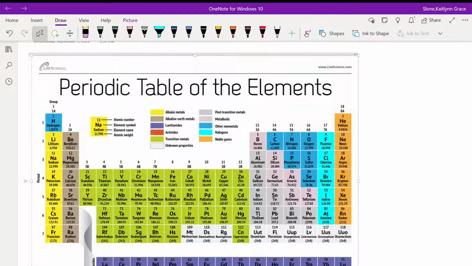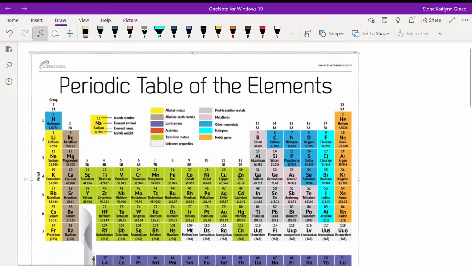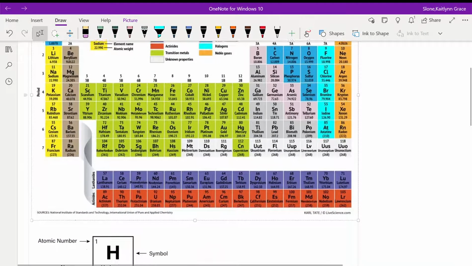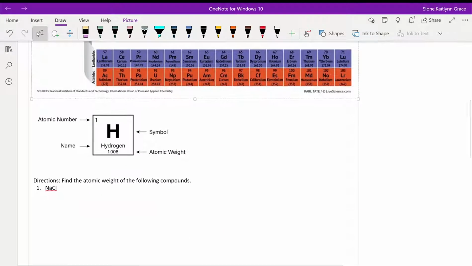So you might be asking yourself, where is the atomic weight of each of the atoms? Well, it's in your periodic table. So when you look at your periodic table of elements, here is my copy. If you look at the bottom of each of the little boxes, for hydrogen, its atomic weight is 1.008.